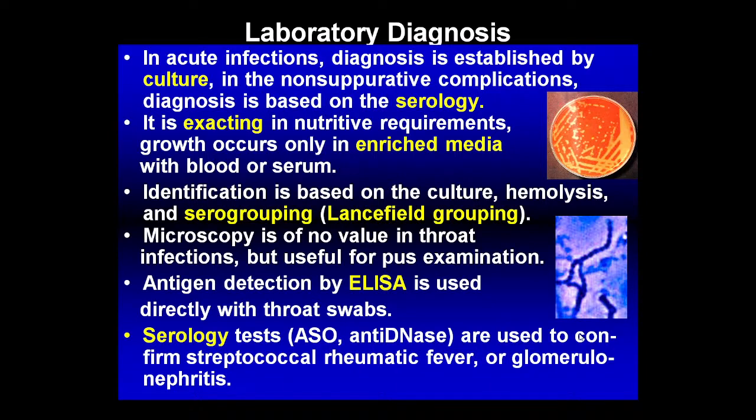If we would like to culture streptococci, it is not as simple as culturing staphylococci. Streptococcus, especially pyogenes, has very exacting nutritional requirements, and it won't grow on simple media, so we have to use enriched media. Quite often we may even use enrichment medium.